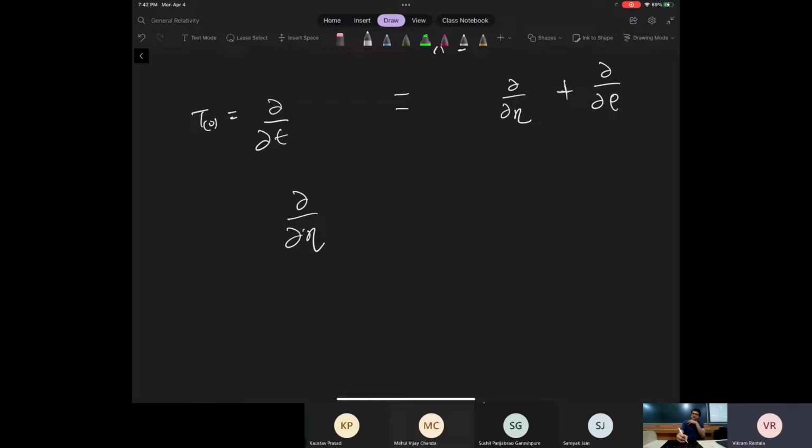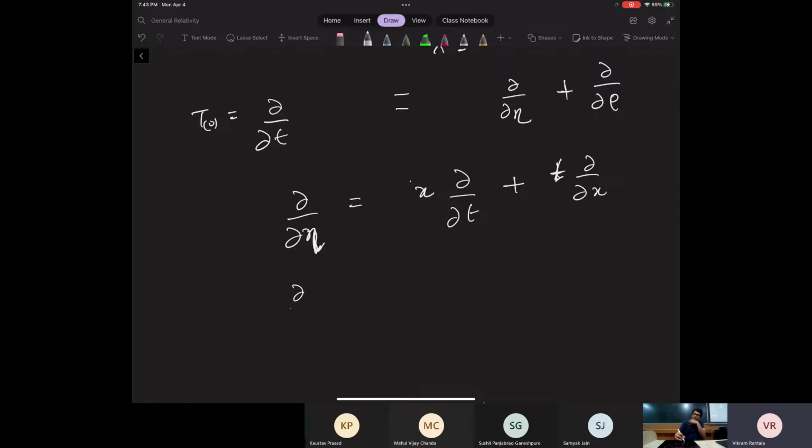What you can show is that partial eta is equal to x times partial t plus t times partial x.